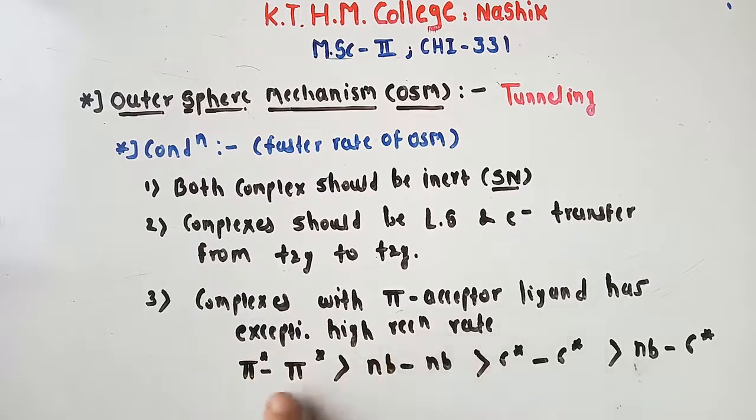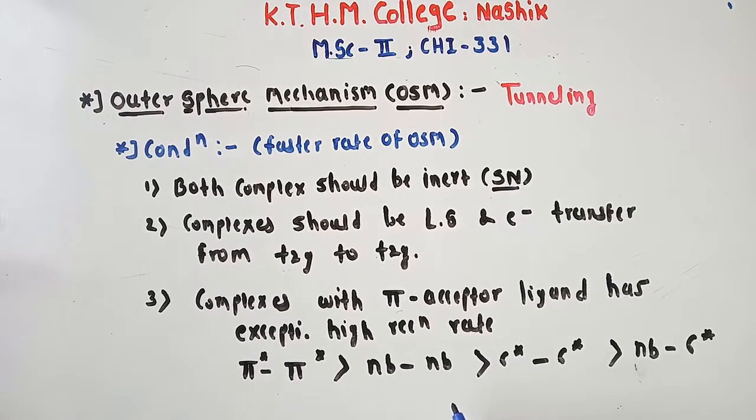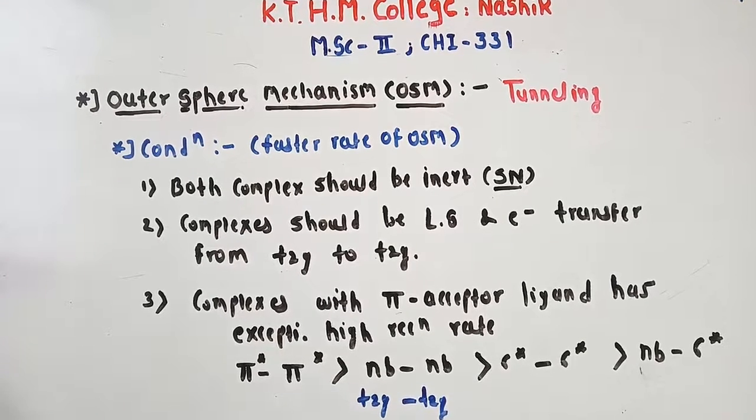If your complex contains a pi acceptor ligand, that is, if the electron transition is between pi star to pi star, it possesses a higher reaction rate. After that come non-bonding to non-bonding, sigma star to sigma star, and then non-bonding to sigma star. Non-bonding to non-bonding means electron transfer from T2g to T2g.